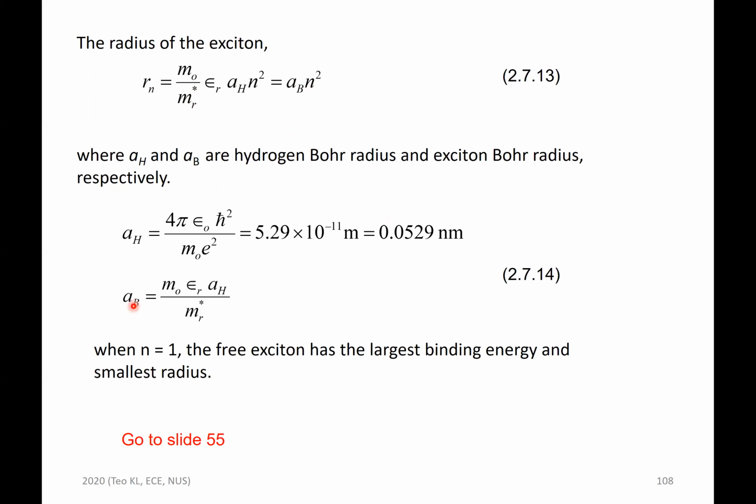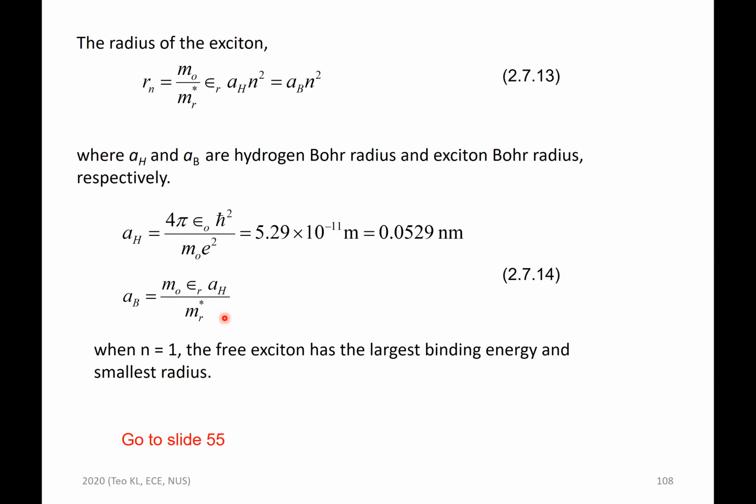So the Bohr radius can be expressed in this form. I will just quote the result. It will be given to you in the exam as a reference formula, and you can just use the result to calculate the Bohr radius of the exciton. m0 is the free electron mass, εr is the relative dielectric constant of the semiconductor, aH is the Bohr radius of the hydrogen atom, and mr is the reduced mass.